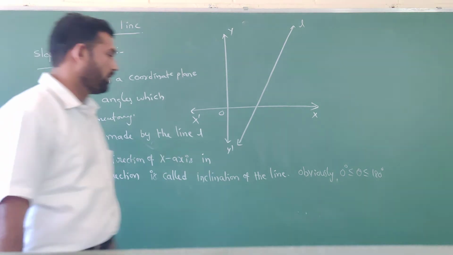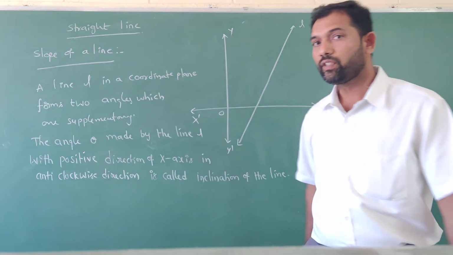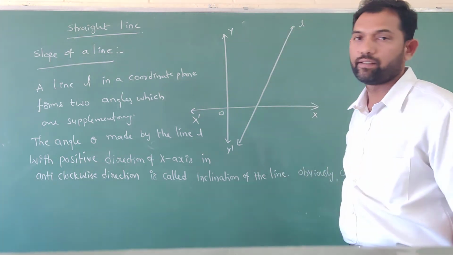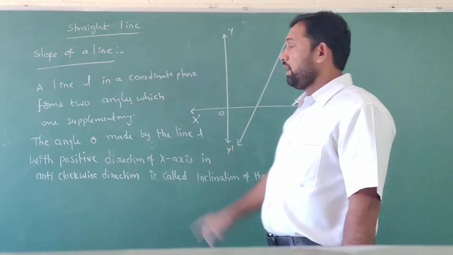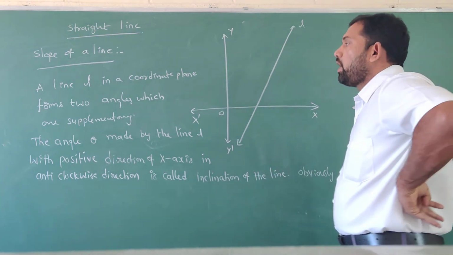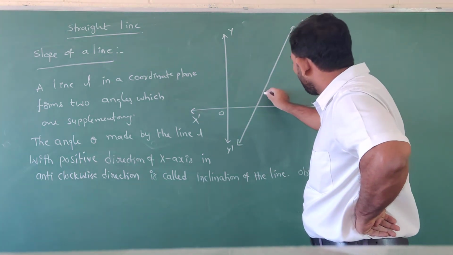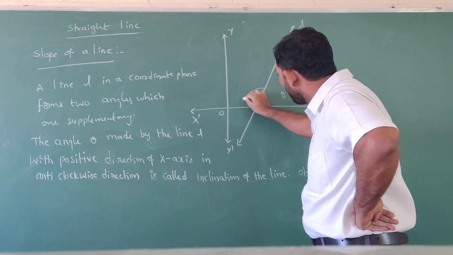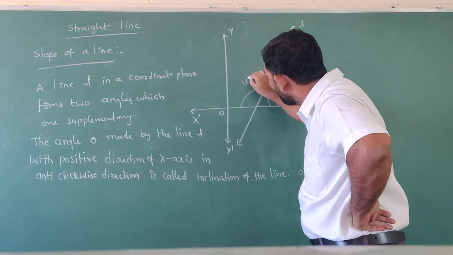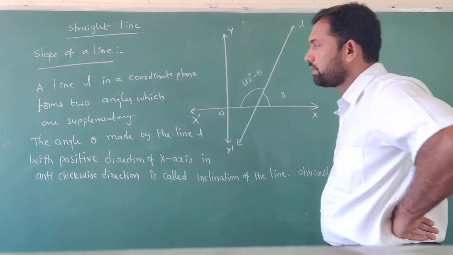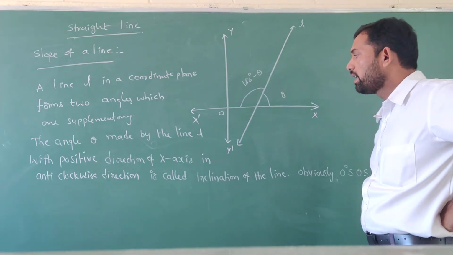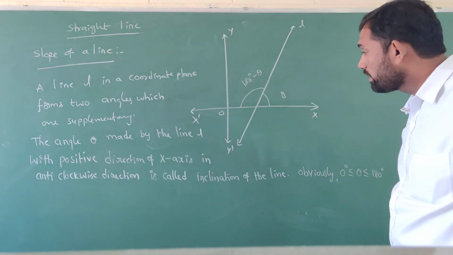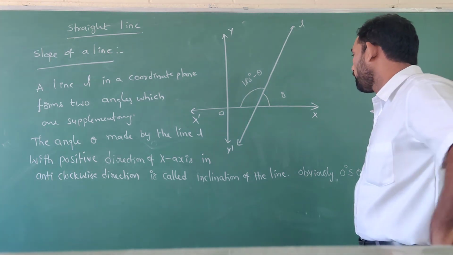Slope of a line means, suppose we consider a line L in the coordinate plane. It forms angles which are supplementary. Suppose this angle is theta, then the other angle is 180 minus theta. The angle theta is made by the line L with the positive direction of x-axis in anti-clockwise direction.